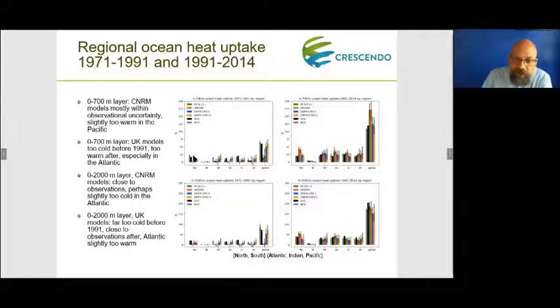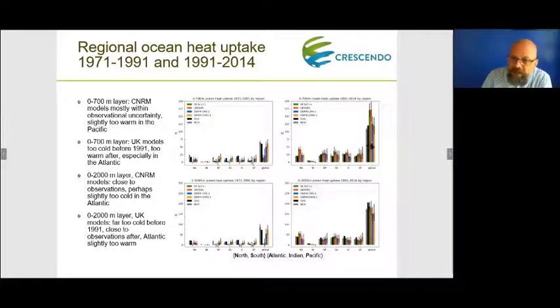And if we see what the models are doing, 0 to 700 meters in the 70s and 80s, the UK models in red and green have an ocean heat uptake that is far too small across all basins. CNRM models get it much better, maybe a little bit too warm in the Pacific, actually.